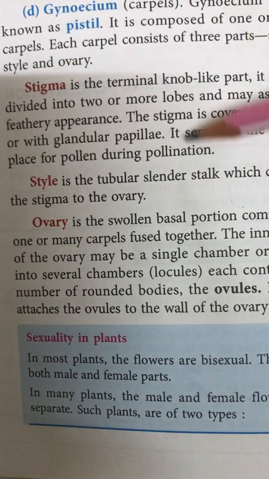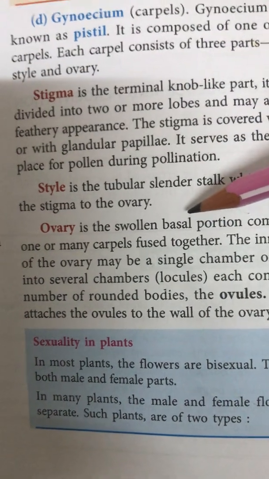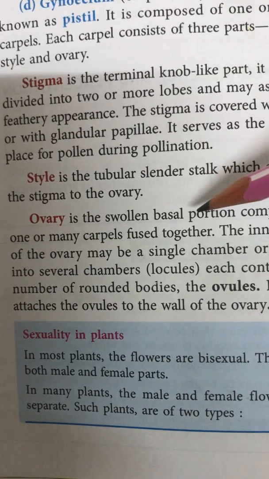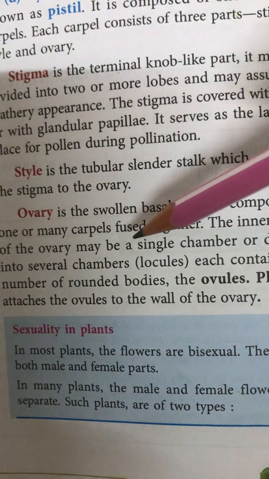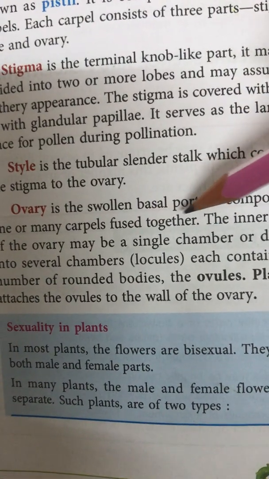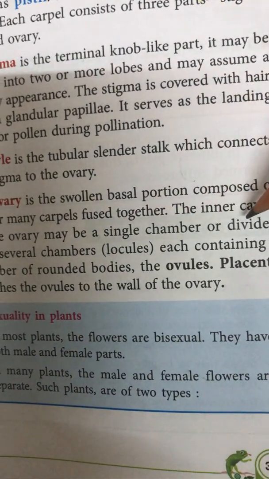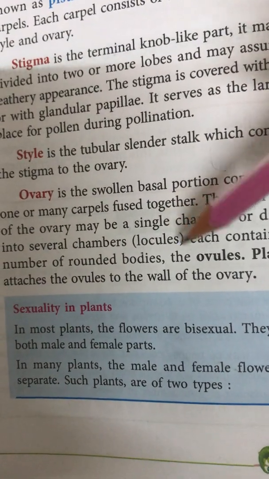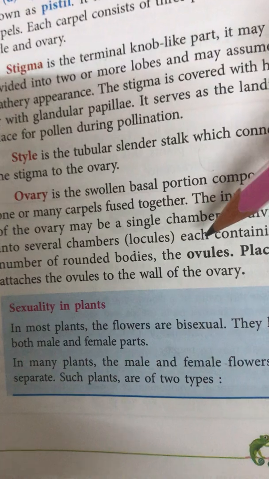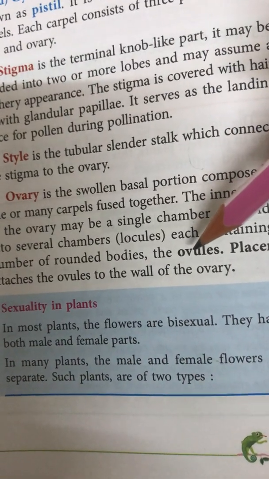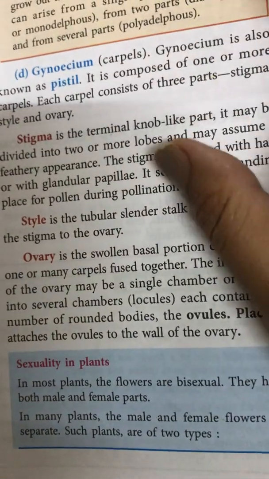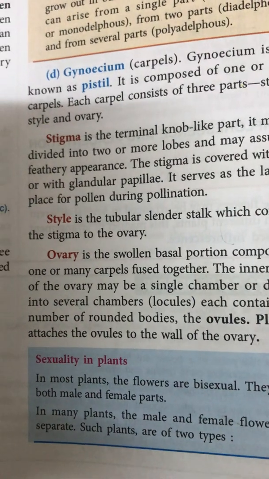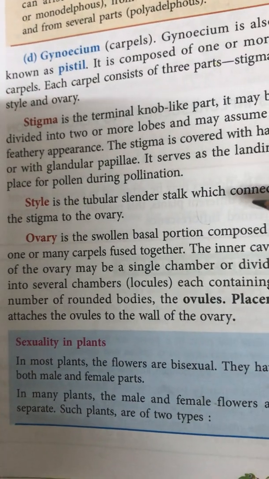In a syncarpous condition, from outside we will be able to see only one gynoecium, but inside, when we check the transverse section of the ovary, we will find several chambers or locules. And as many chambers or locules are there filled with ovules, that means that many ovaries have fused inside. So for gynoecium, note down the conditions: syncarpous and apocarpous.